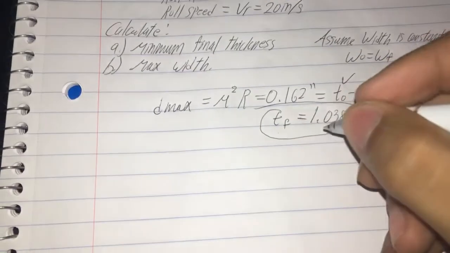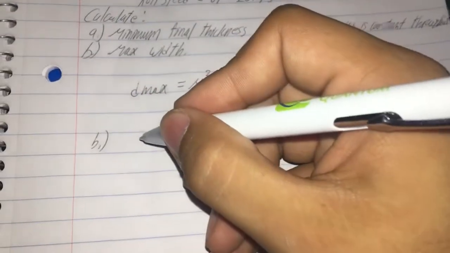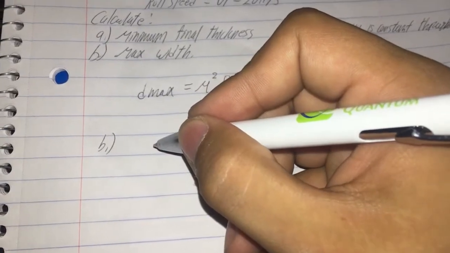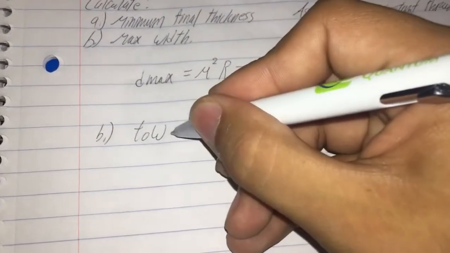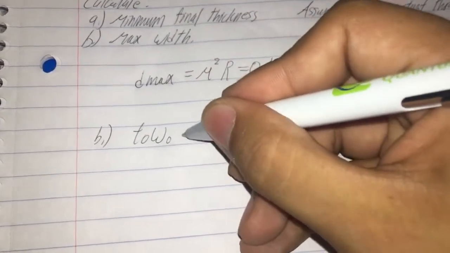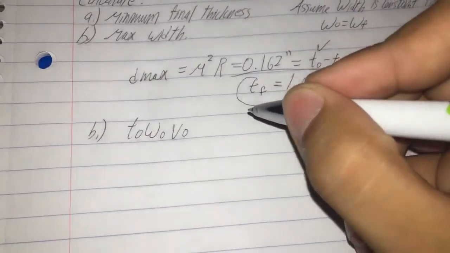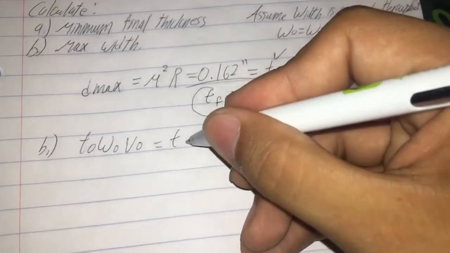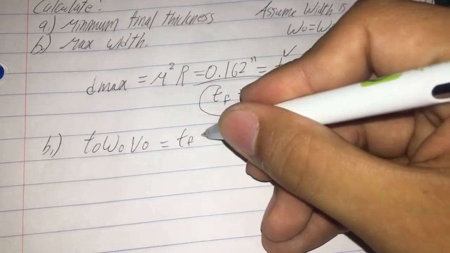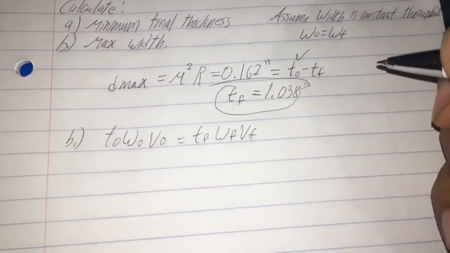So initially, what I thought was that you could use the volumetric flow rate correlation, and that is simply the initial thickness times the initial width times the initial velocity, or the velocity entering the rollers, and that's all equal to the final of those parameters, TF, WF, and VF.